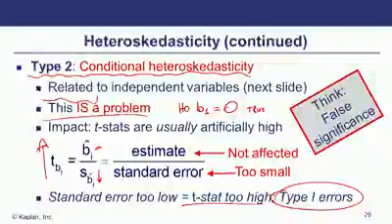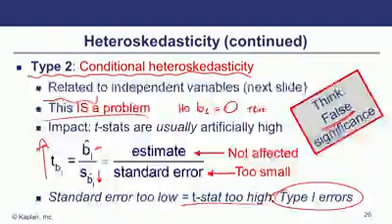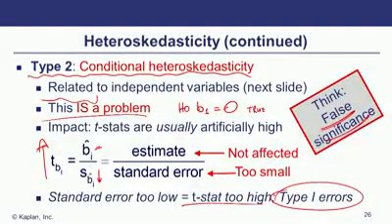Here's one way to think of it: this gives you a sense of false significance. If you've got conditional heteroskedasticity present in your data, your slopes may look falsely significant when in fact they are not.